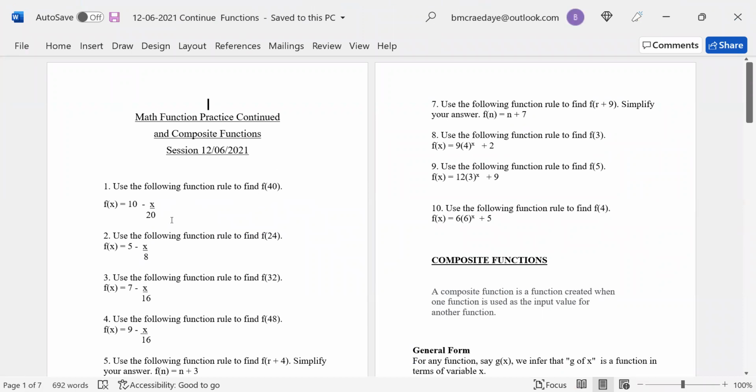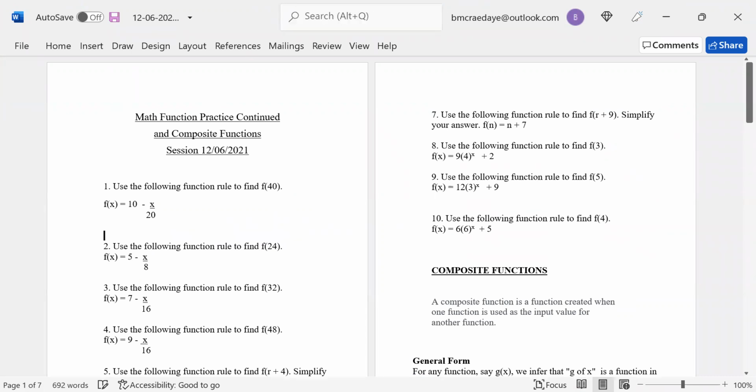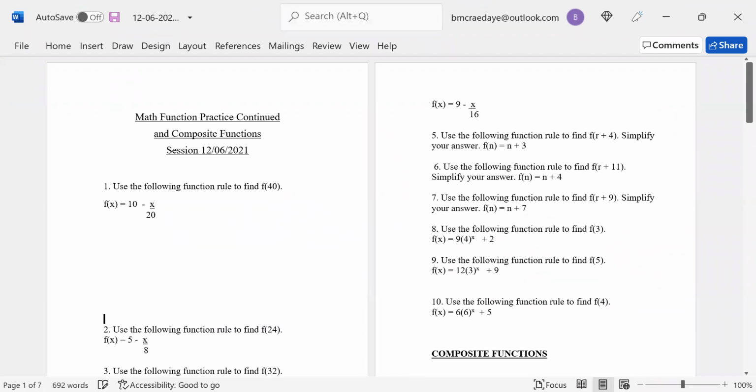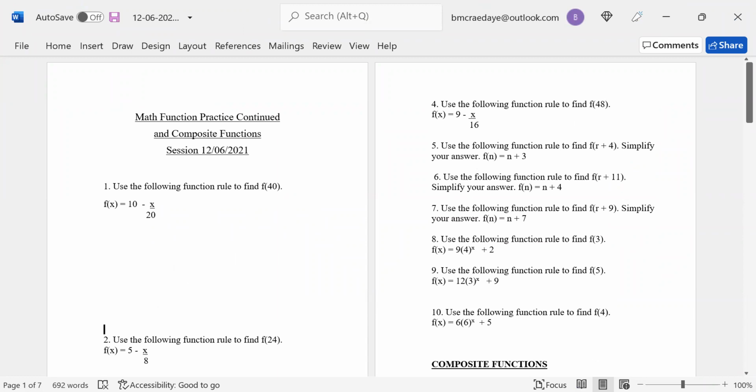The first one, okay, this is the function rule. F of x is 10 minus x over 20. Latoya, go to mute.